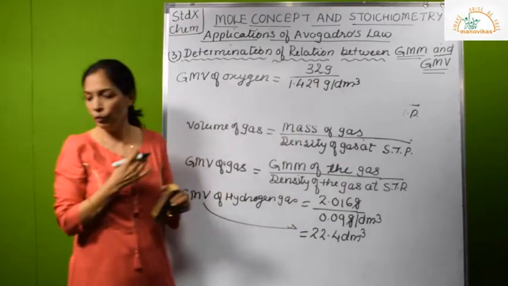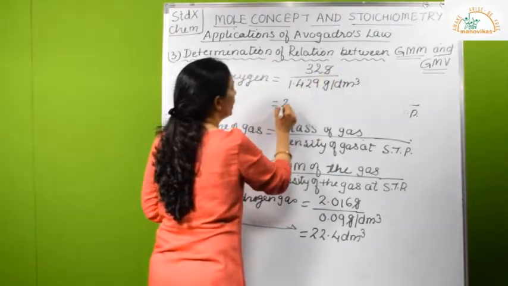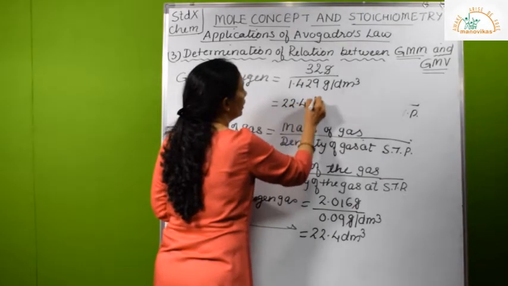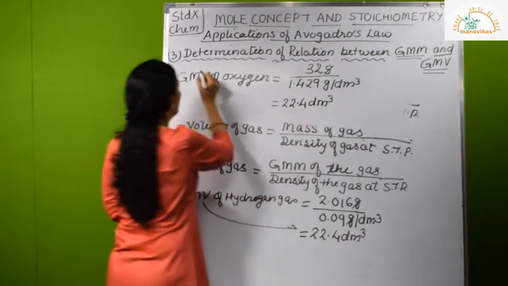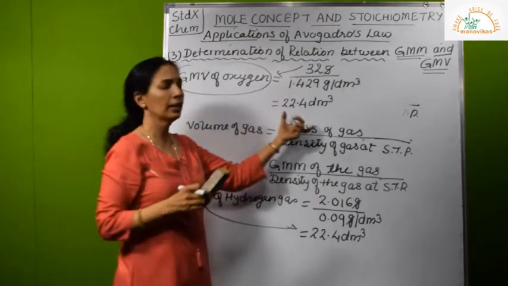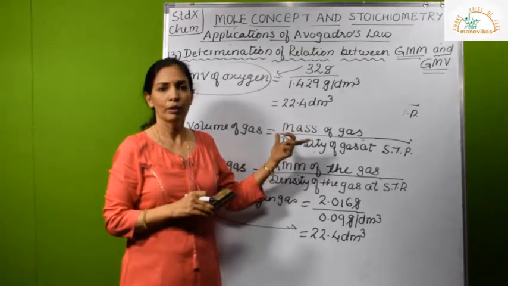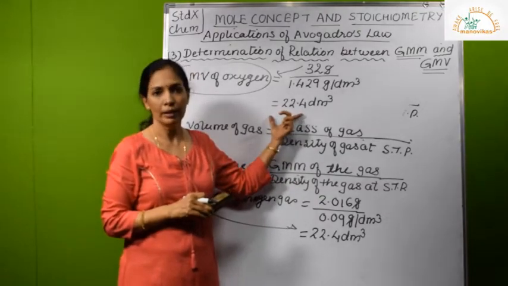So if you calculate these two, again it comes 22.4 decimeter cube. That means 1 mole of any gas will occupy same volume at STP, that is called gram molecular volume, which is equal to this value.